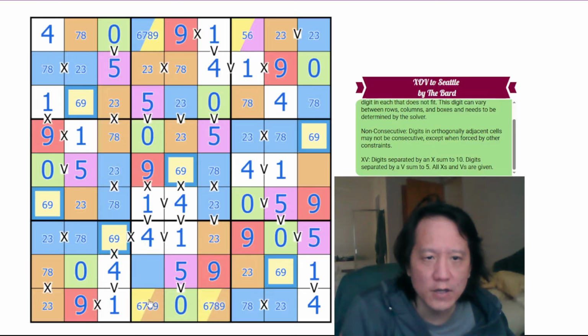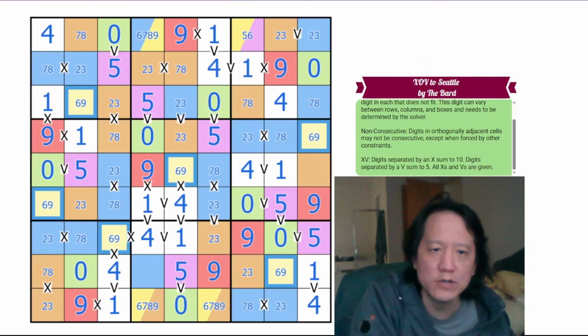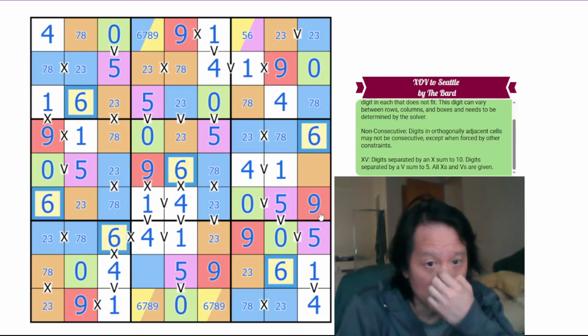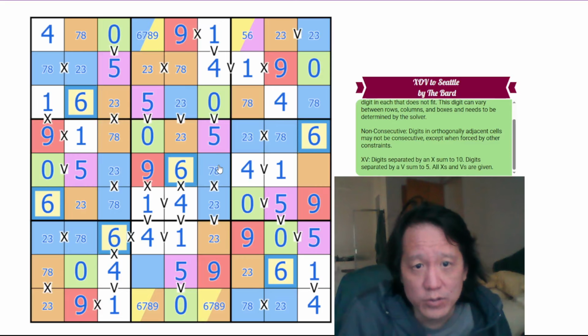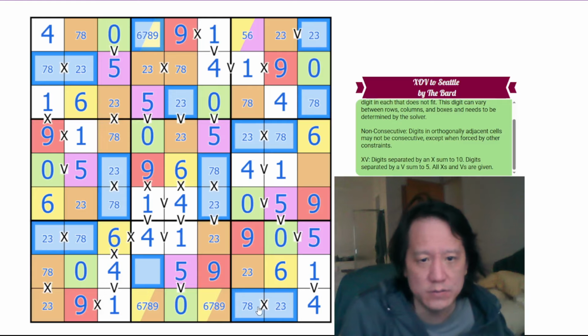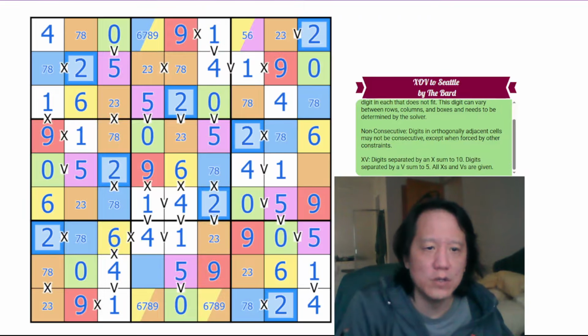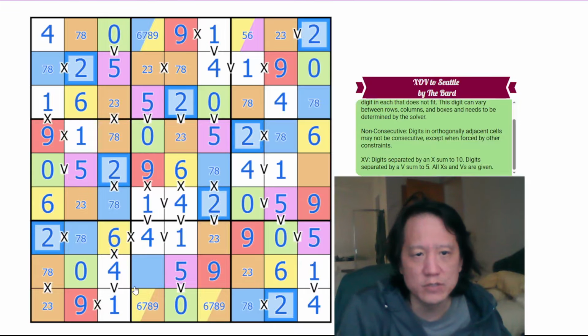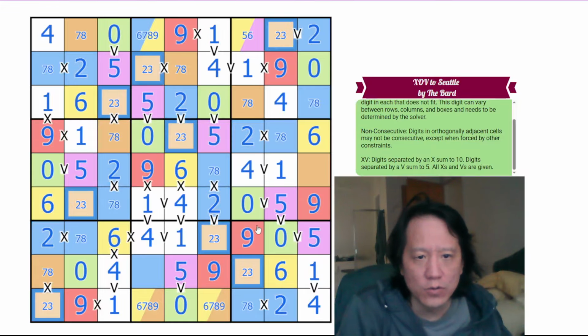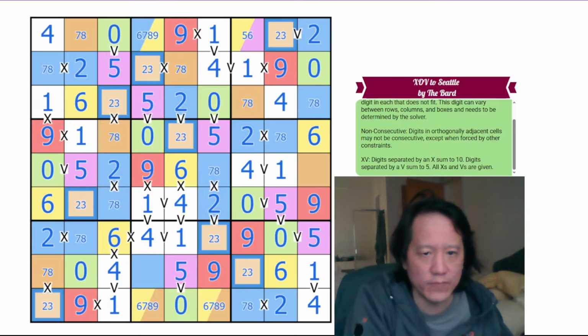We don't know what this is. Remove the non-known yellows. So these are 6. Obviously, the high blues are 8. Low blues are 2, which means the low oranges are 3.